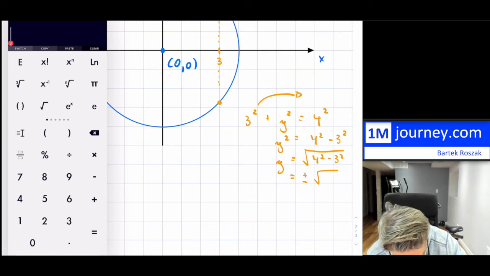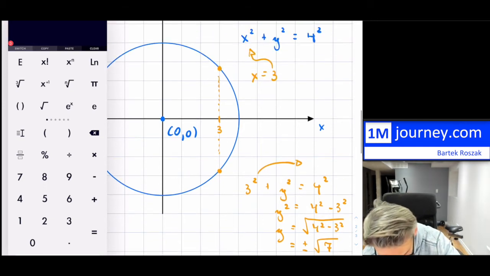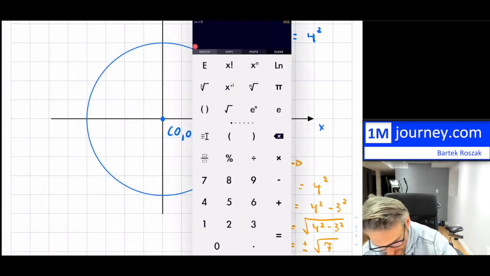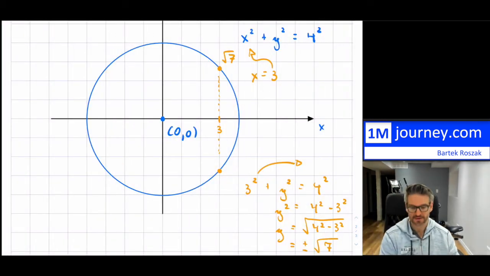So 16 minus 9 is 7. So this point is the square root of 7. Yes, unfortunately we do get a radical, and unless it's a perfect square, it's going to be an irrational number. Because of that, it goes on forever and has no repeating pattern, so I'll leave it as the square root of 7 here.